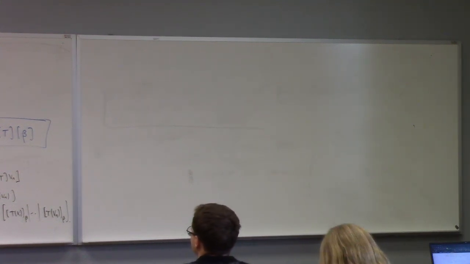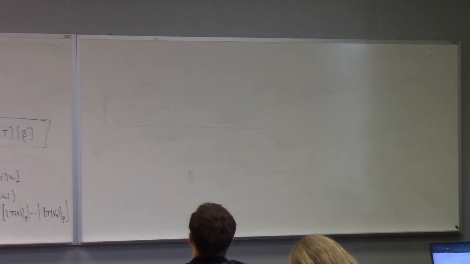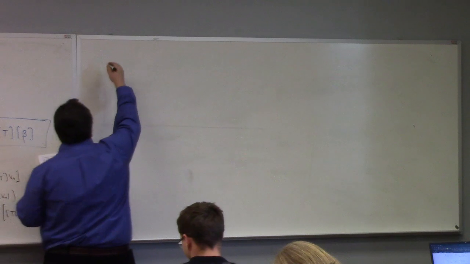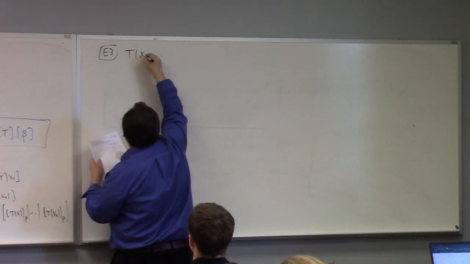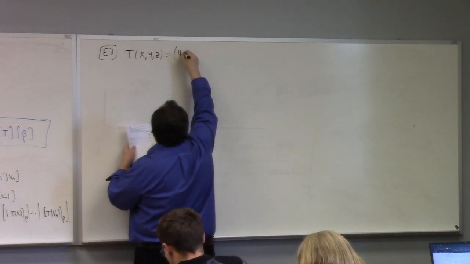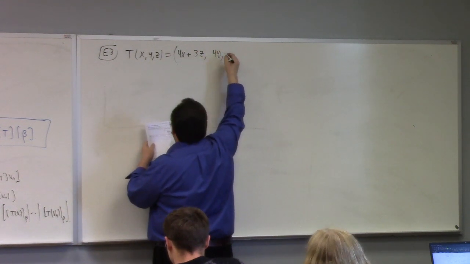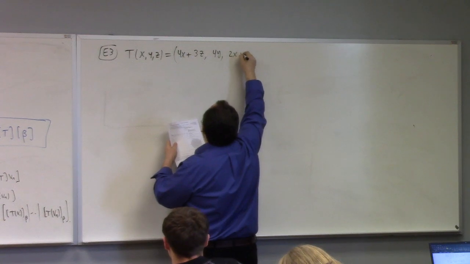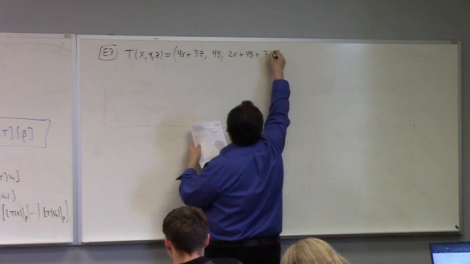Suppose we have T of x, y, z equal to 4x plus 3z, 4y, 2x plus 4y plus 3z.